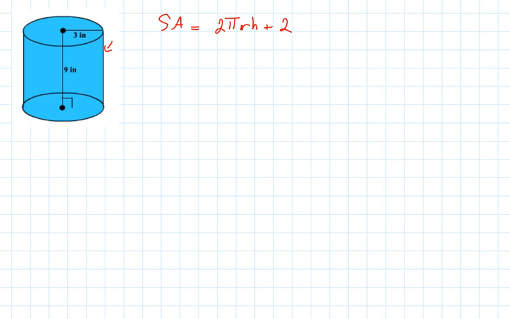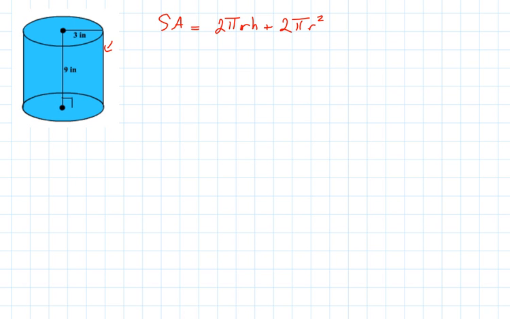So that's 2 circles, each with an area of pi r squared. So really all you need to do is measure the height of the cylinder and the radius, and you would end up with the surface area when you put it into this formula.